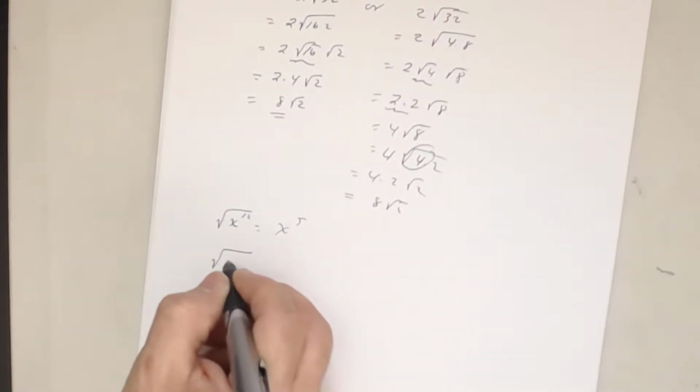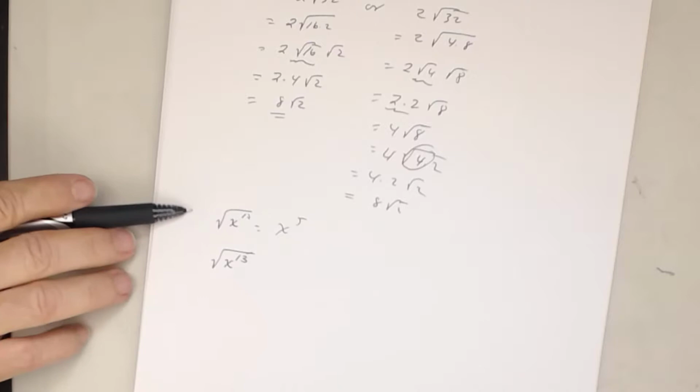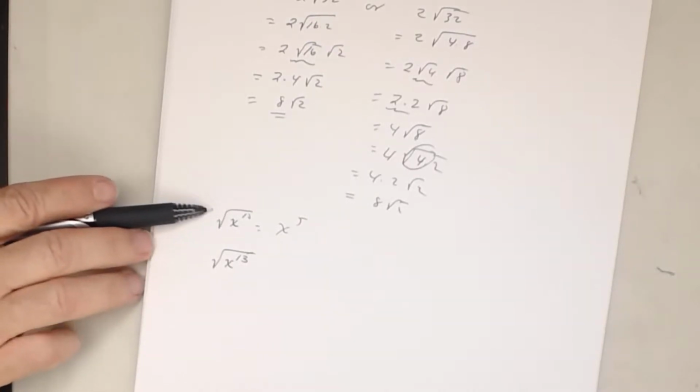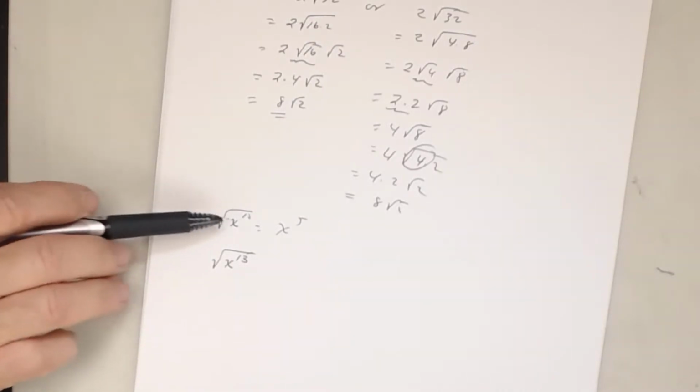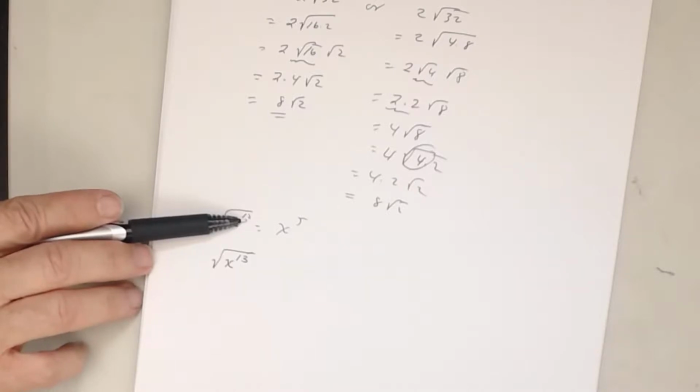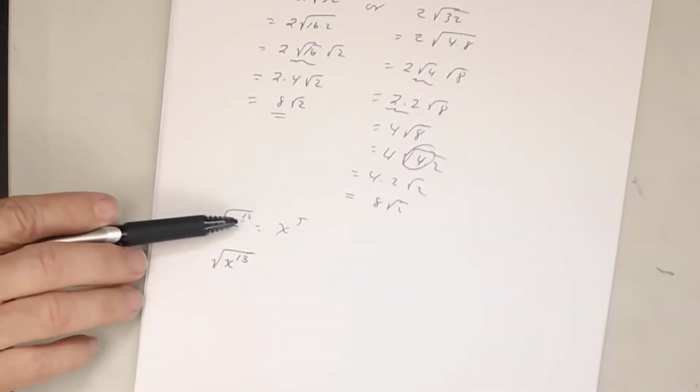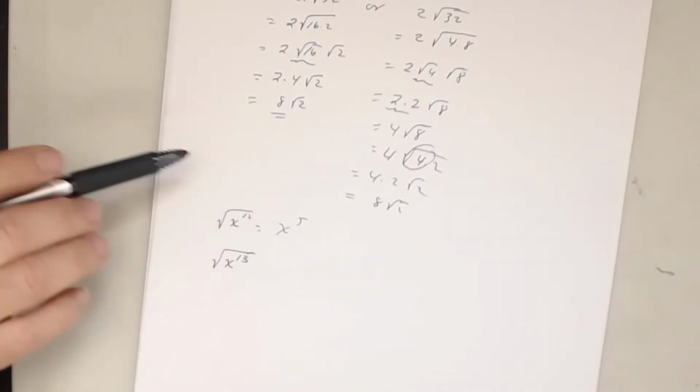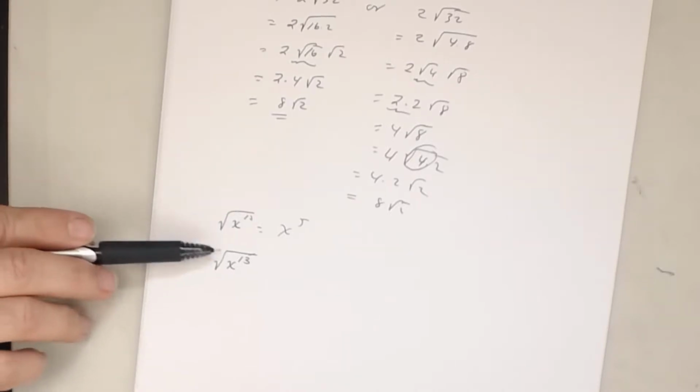What if you had the square root of x to the 13th power? See, this one was easy right here because both the index and the exponent were even, right? And 2 goes into 10 evenly, so that's 5. Here, though, that's a 13.